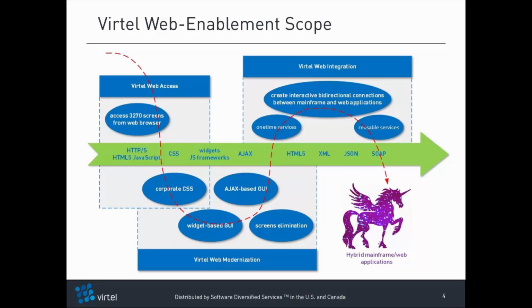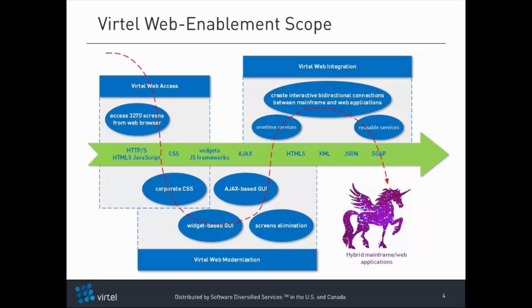Then with Virtel Web Modernization, you can add to the new user interface the smarts of a web portal by replacing unassisted data entry with widget-based data entry. For example, selection lists, checkboxes, graphical calendars, and other such widgets.